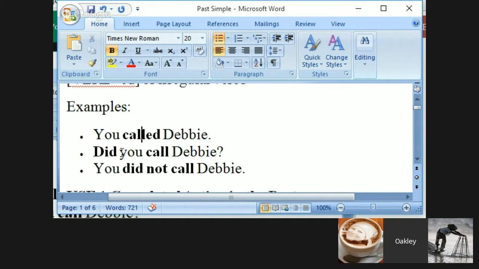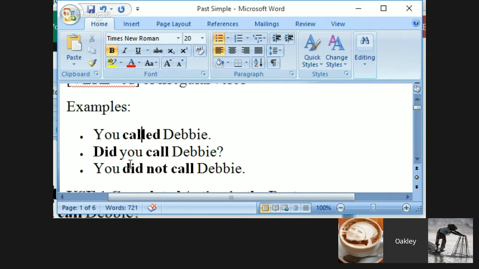In a question and in negative sentences, we need to use an auxiliary or helper verb, did. Notice that in the question form and as well in the negative form, did is what expresses the past. So, did you call Debbie? Not did you called Debbie. You do not use the ed in questions or in negatives.